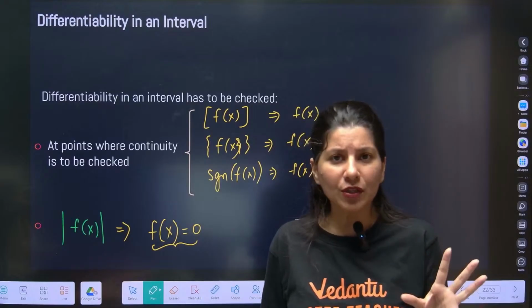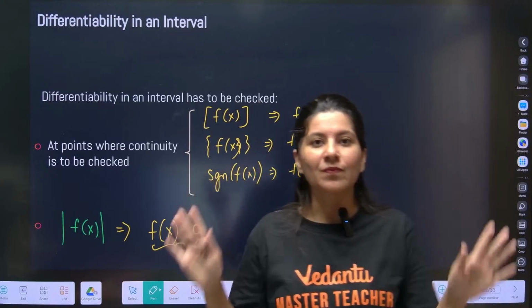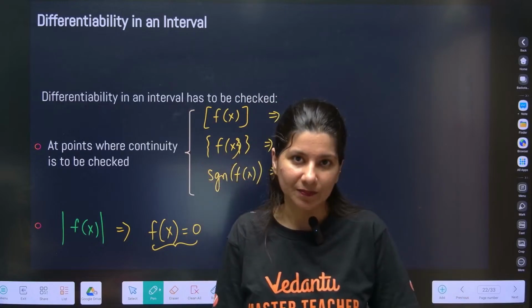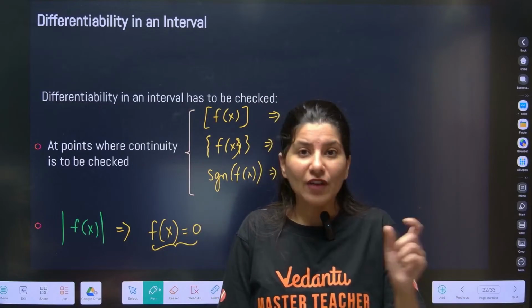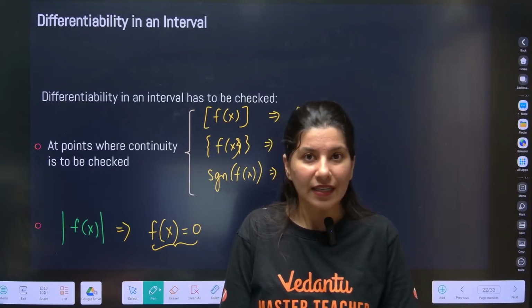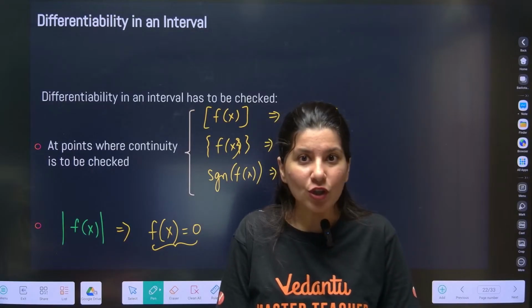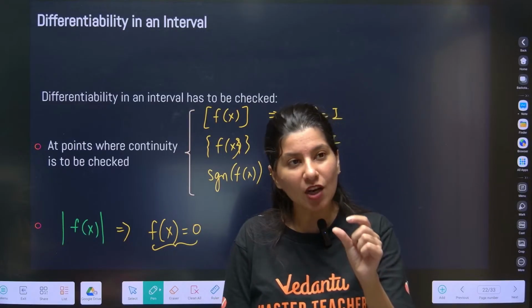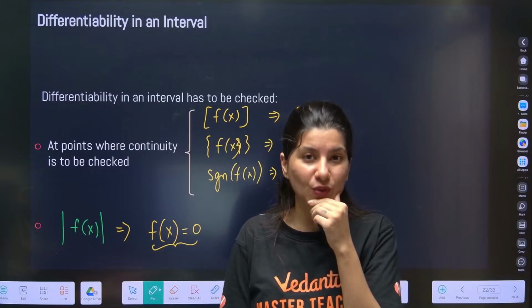So whenever you see modulus and a continuity question, don't worry if your function inside the modulus is fine. But if the function inside the modulus is fine and a differentiability question is there, now modulus plays an important role. Why?